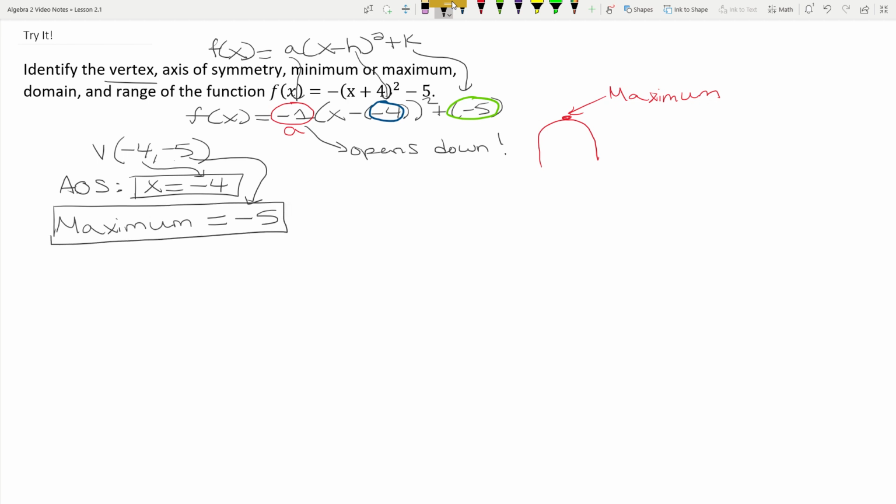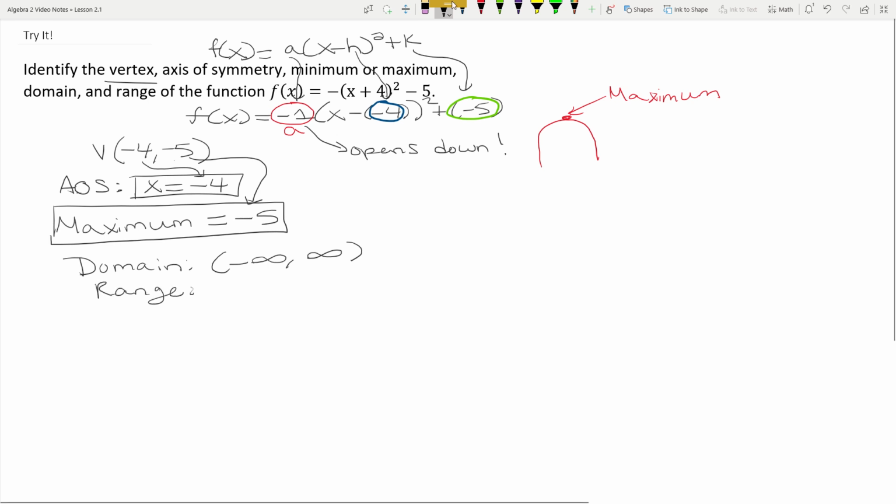Okay, so now we're going to do our domain. Domain is easy. Since it's a quadratic function, it's automatically going to be all real numbers, -infinity to +infinity. For the range, you want to look at the graph to guide you.